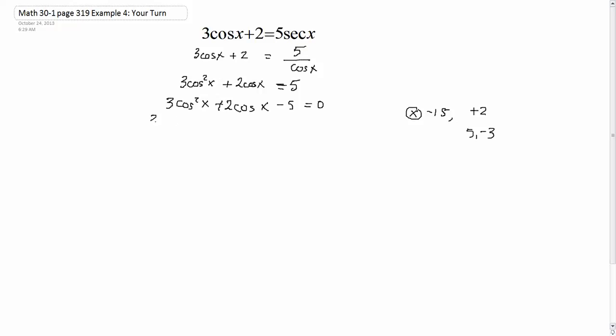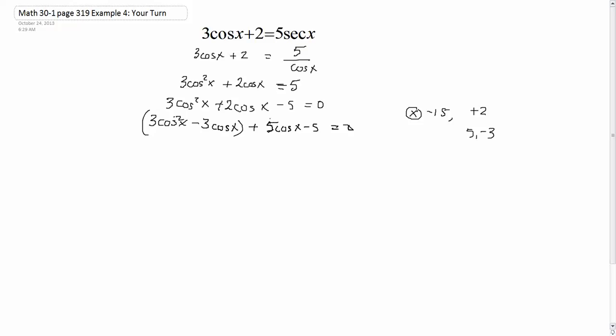We rewrite our equation as 3 cos squared x minus 3 cos x plus 5 cos x minus 5 is equal to 0.